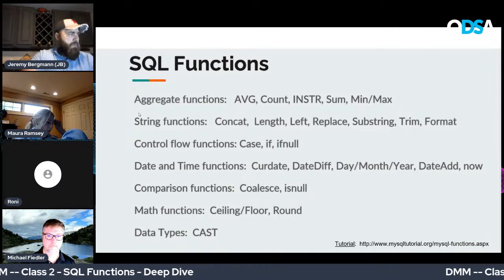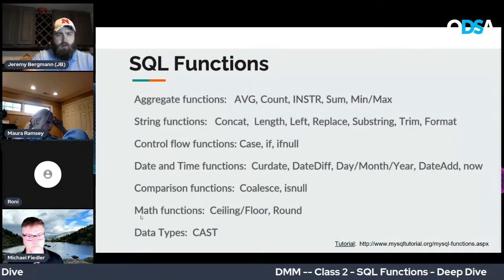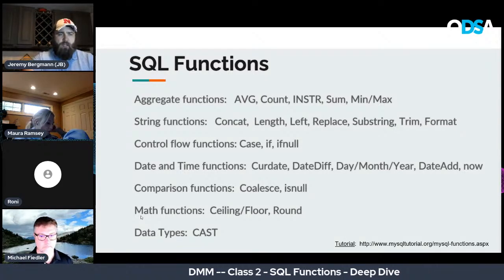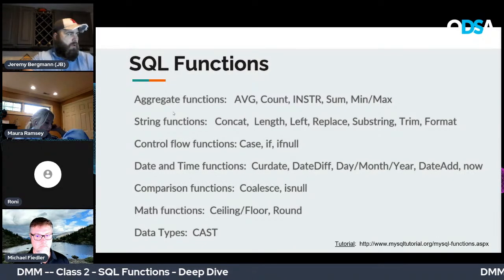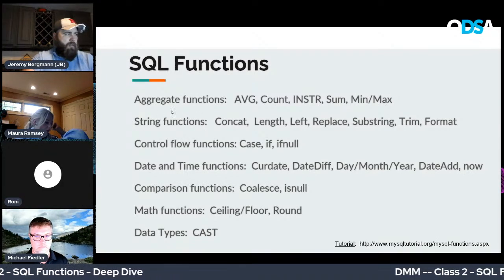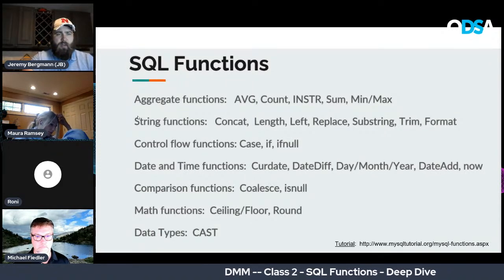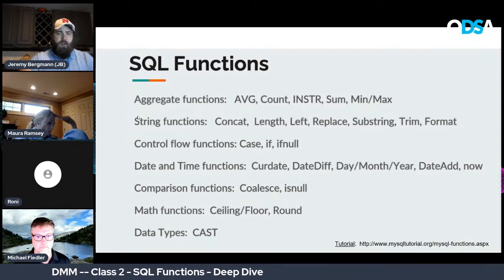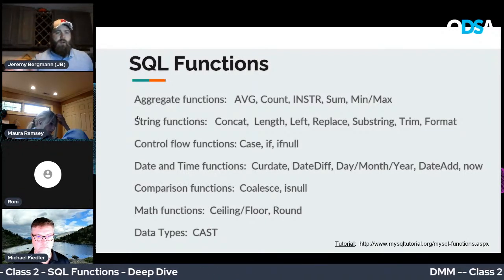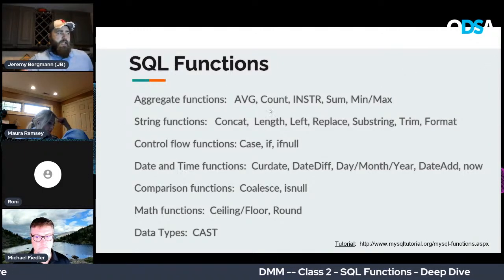To recap the rest of these, almost all the other ones are value functions, or scalar functions, as they're also called in SQL. So you have your string functions. These are functions in SQL that change values one at a time in a table, so it doesn't compress data like aggregate functions do. It changes the values one at a time. You can concatenate.